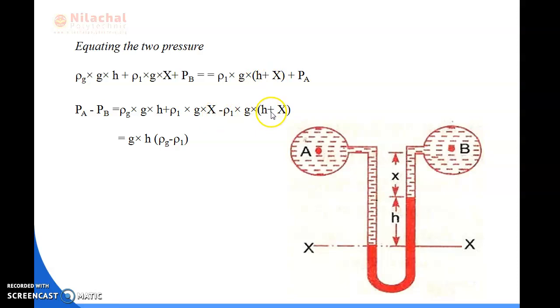For that reason, here is the positive sign. So what you will get here is G into H into rho minus rho 1. This is PA minus PB at the same level.